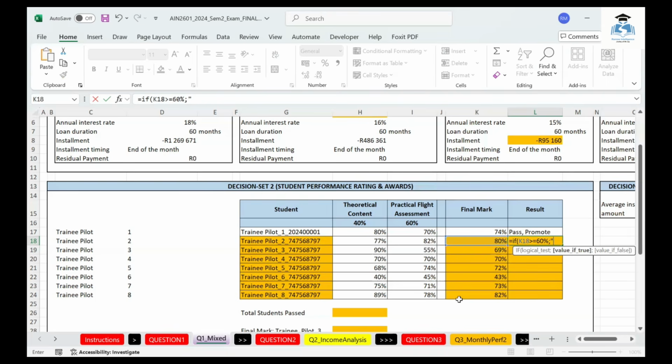Open the quotes, Pass Promote, close quote, comma. Then what is the value for the false? I'll open quotes and say Fail Repeat, close. Then I'll press enter.